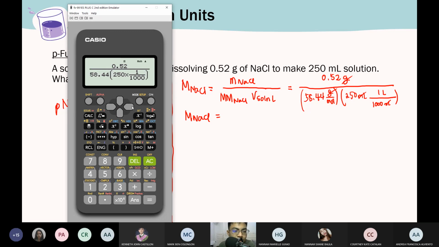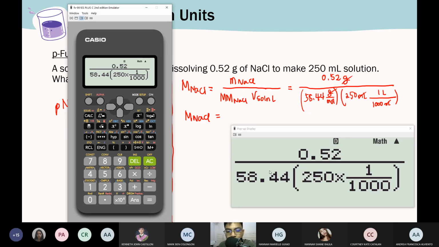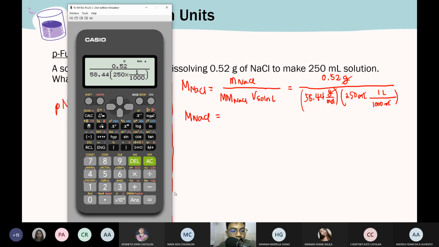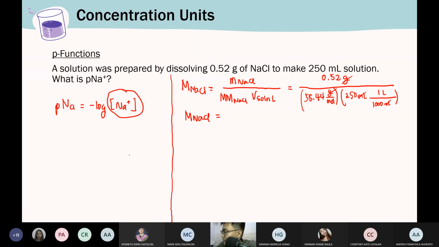Okay, so this is how our equation should look: 58.44 times 250 divided by 1,000. Press equal sign. The molarity is 0.3559. Let's use 4 decimal places, so 0.0356.